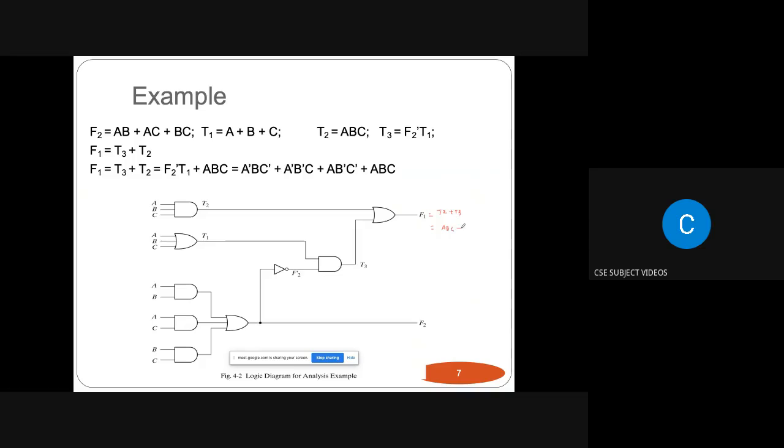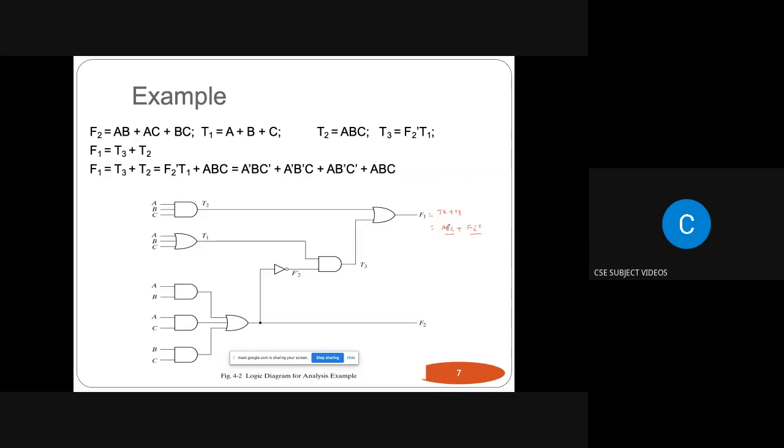And what is T3? T3 we have also found already, it is F2 dash T1. And this function consists of two terms, ABC and F2 dash T1.